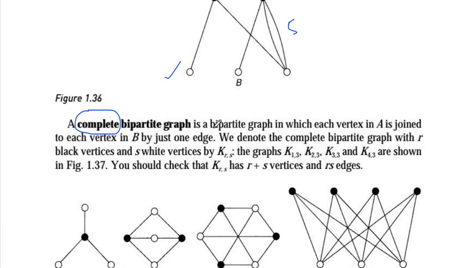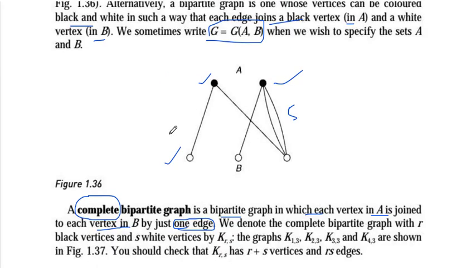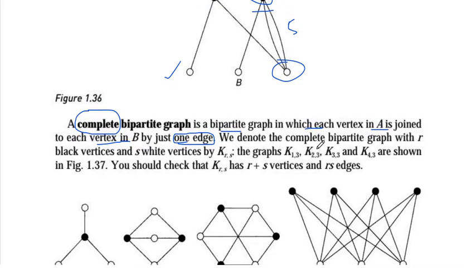A complete bipartite graph is a bipartite graph in which each vertex in A is joined to each vertex in B by just one edge. Here in this bipartite graph you can see this vertex is connected with 2 edges to one vertex. But a complete bipartite graph means each vertex in A is joined to each vertex in B by just one edge, no multiple edges.